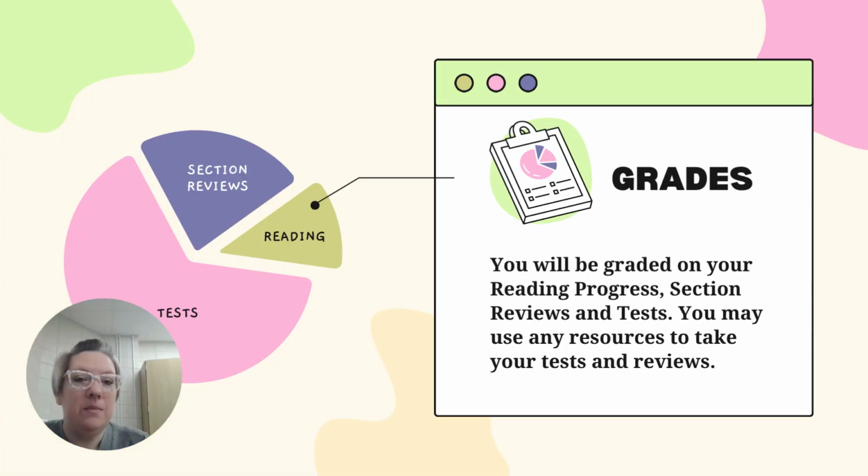So grades are going to be broken down into a couple of sections. You're going to have your section review points that go towards your grade. You're going to have your test points that go towards your grade. And then I'm going to be keeping track of your participation with your reading. It's going to track how long it takes you to read a section.